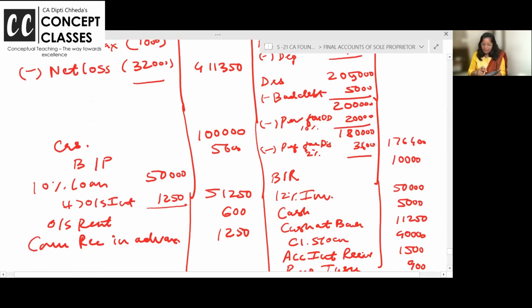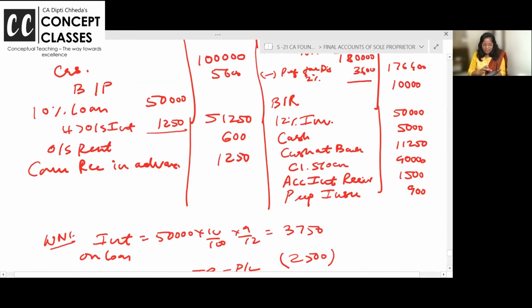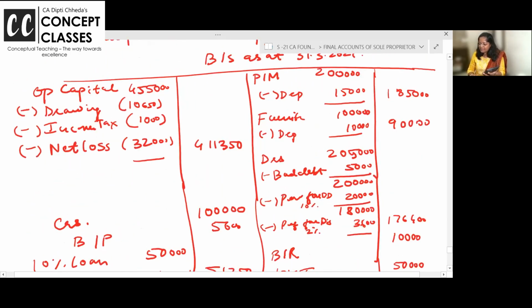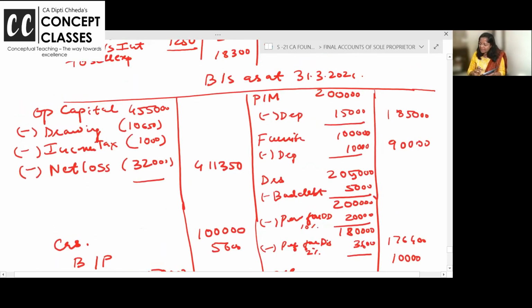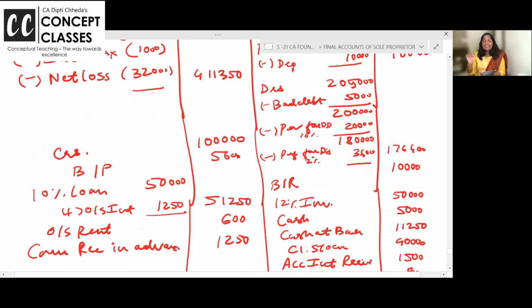4,11,350 plus 1 lakh plus 5,600 plus 51,250 plus 600 plus 1,250. So the balance sheet total is coming to 5,70,050. Now look at the asset side: 1,85,000, 90,000, 176,400.